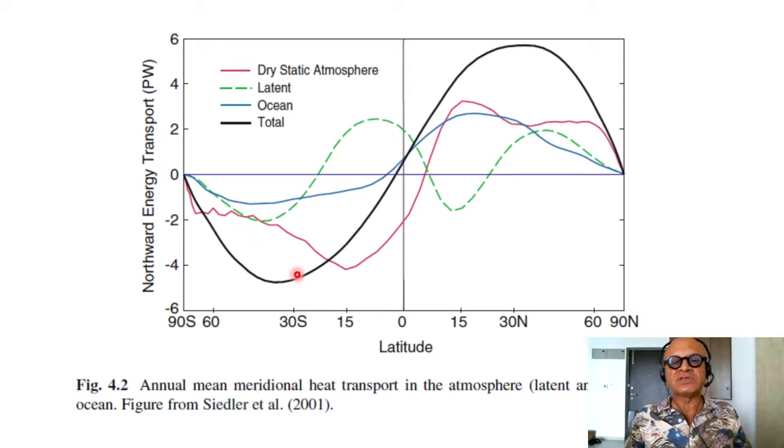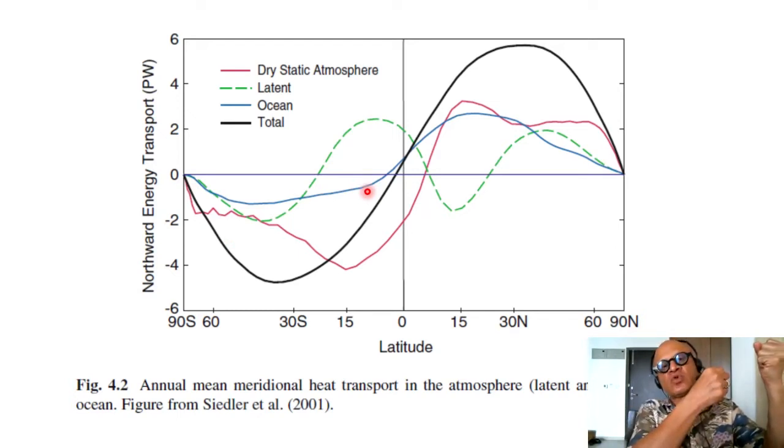If the atmosphere was dry, that's what we would get in the red line. The latent heat adds to it, as you can see, subtropical gyres versus the ITCZ and so on, make a big difference in the net total transport by the atmosphere. And then the ocean, which is forced by the atmosphere, is mechanically forced to transport energy.